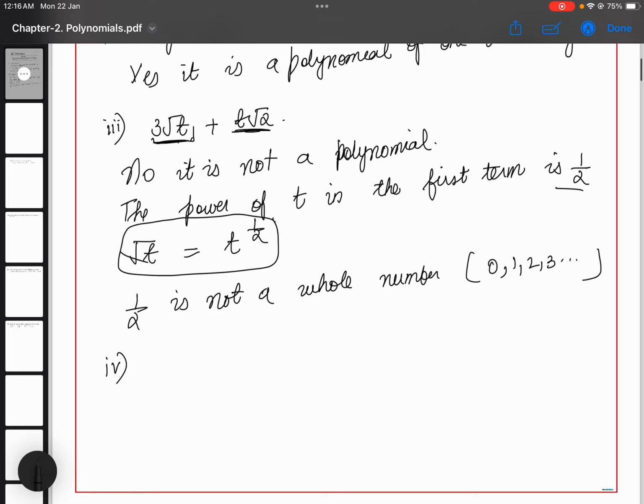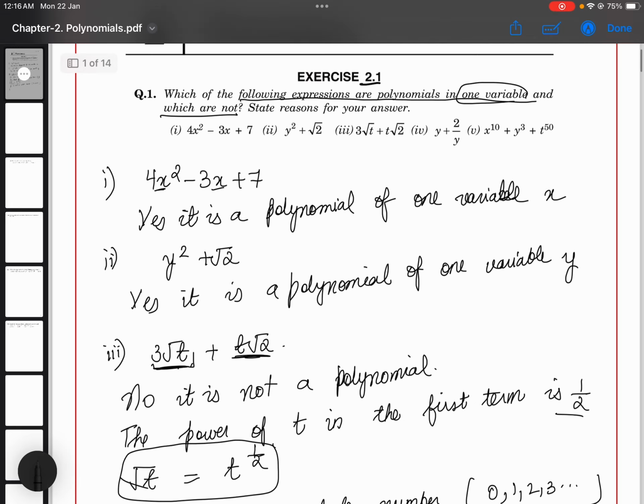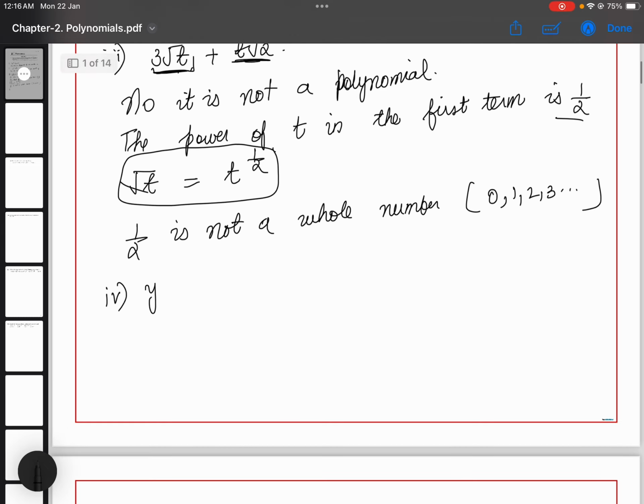Now, the fourth question is y plus 2 by y.